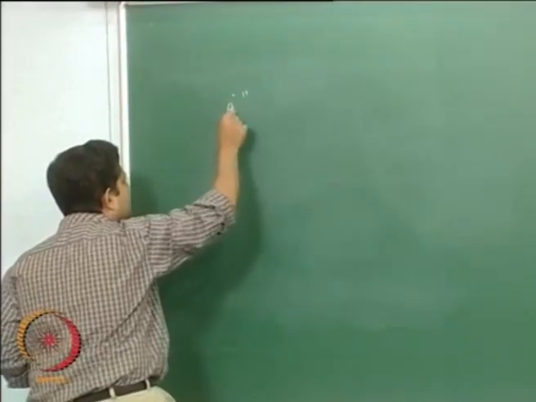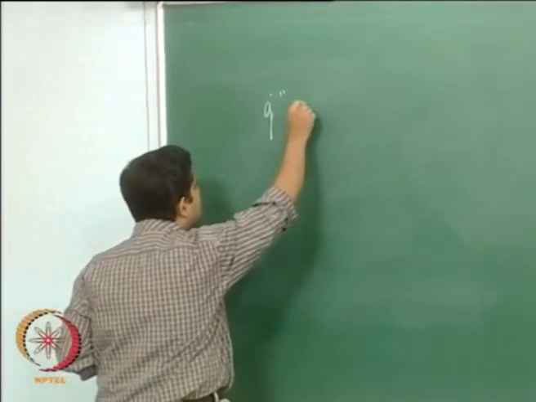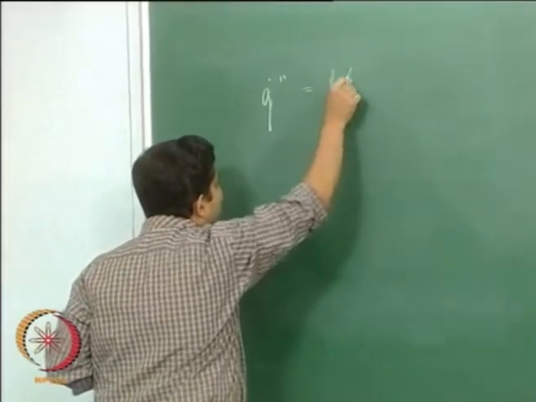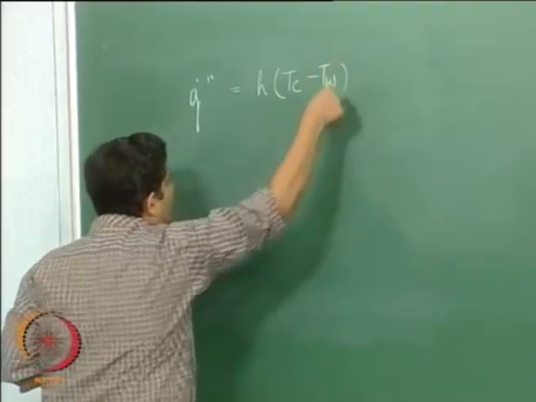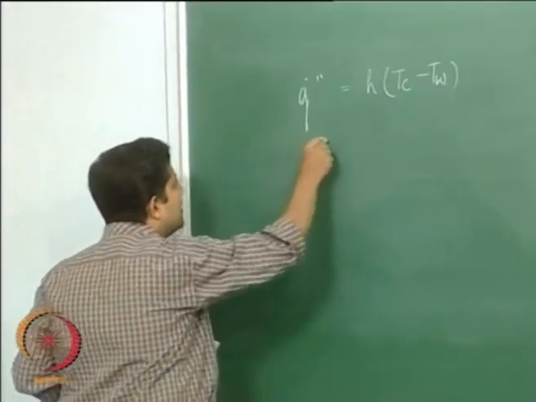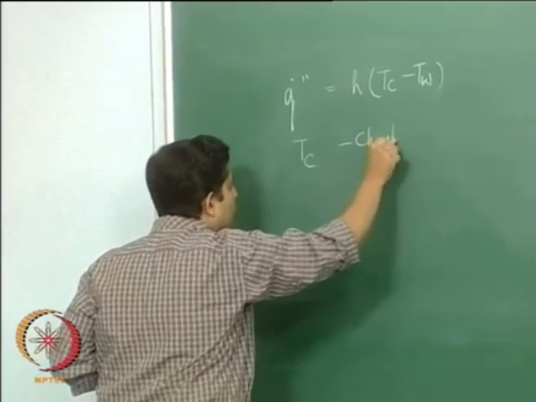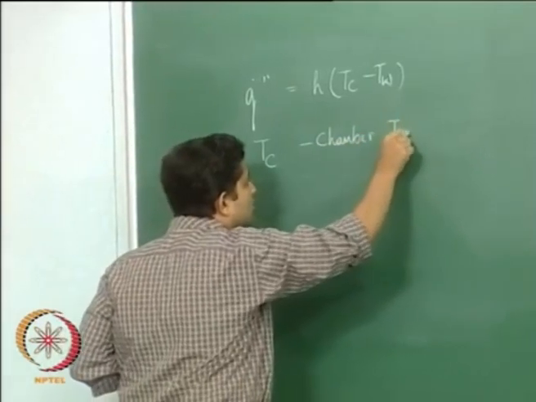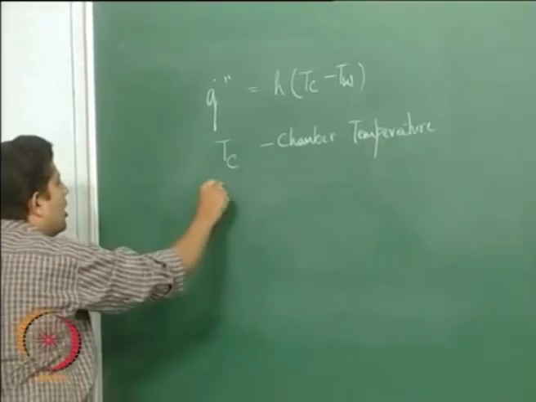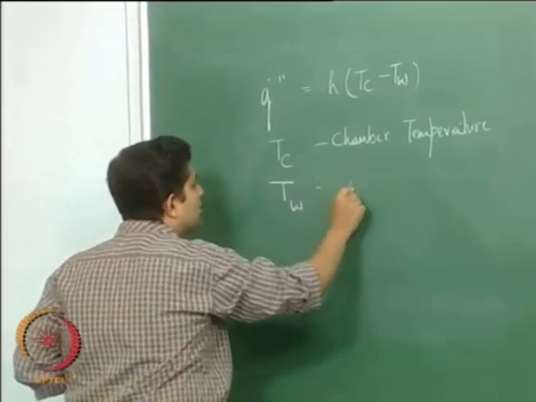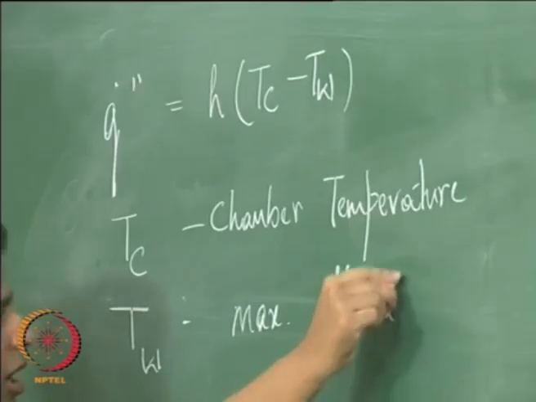Q dot double prime, that is the heat flux, will be equal to h into Tc minus T wall, where Tc is the chamber temperature and T wall is the maximum allowable wall temperature.